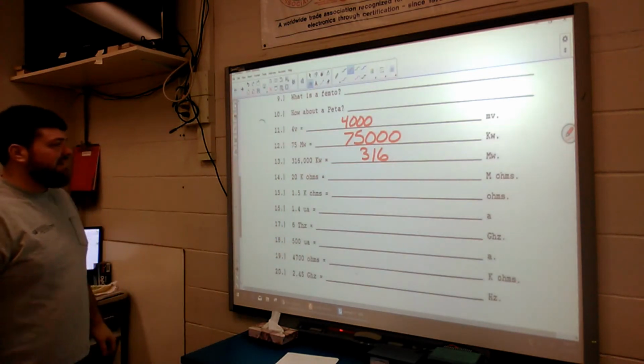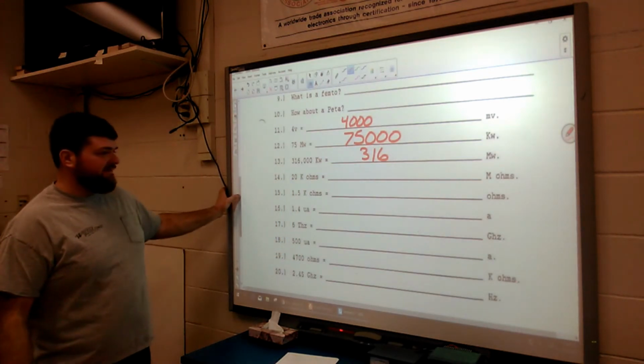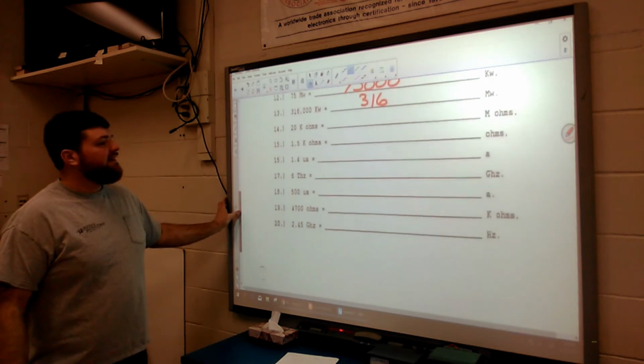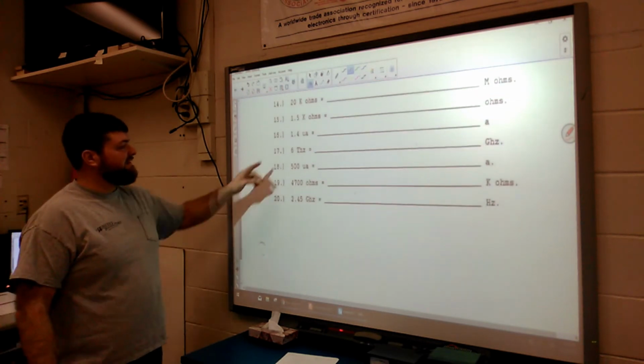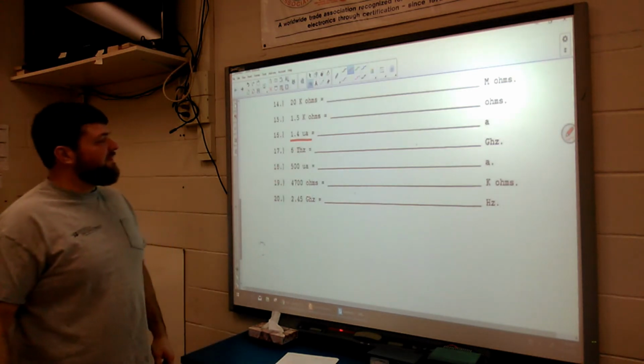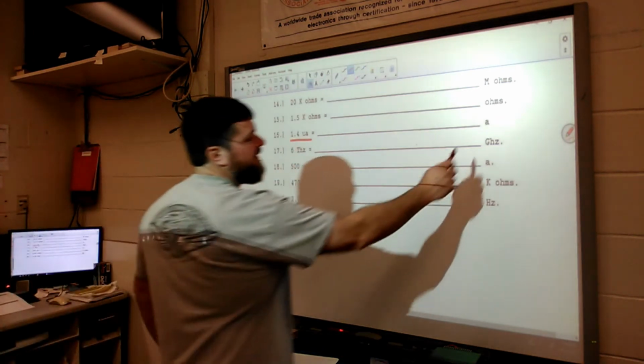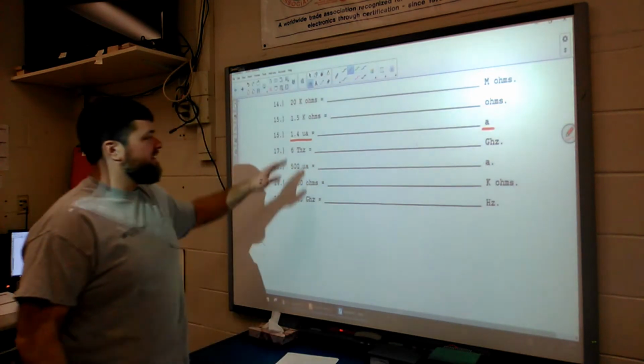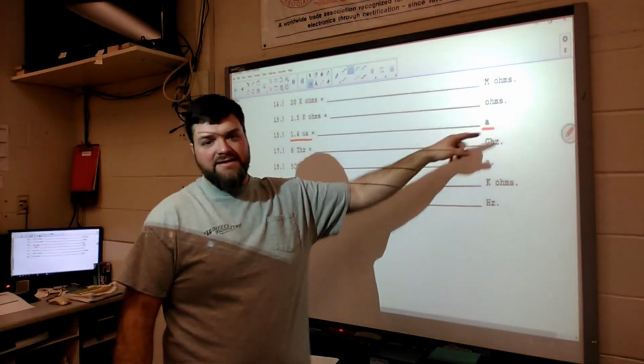All right, let's jump down to something a little different here. Let's do number 16. It says we have 1.4 microamps equals how many amps. That means we're going to go from micro to the baseline on this one.